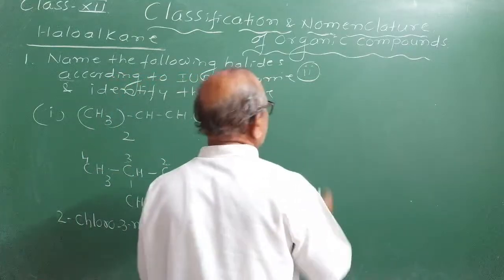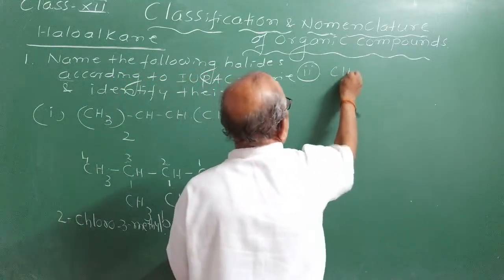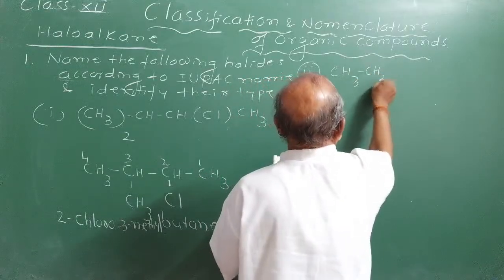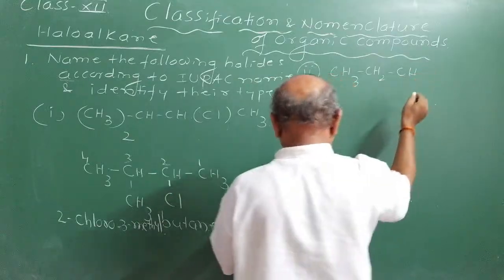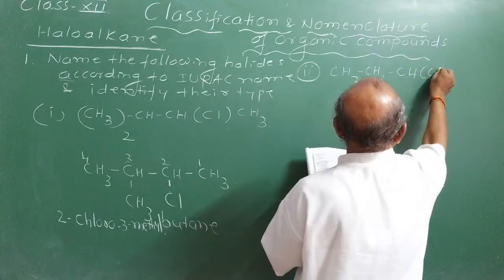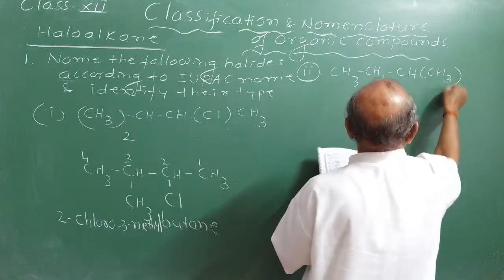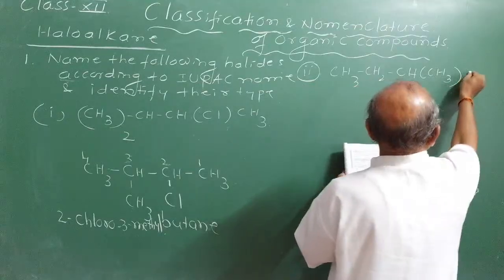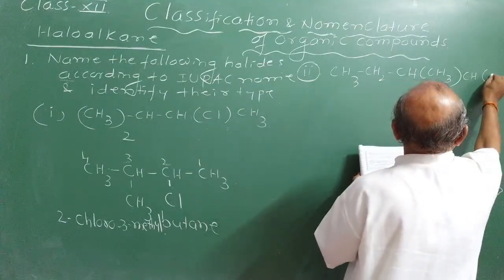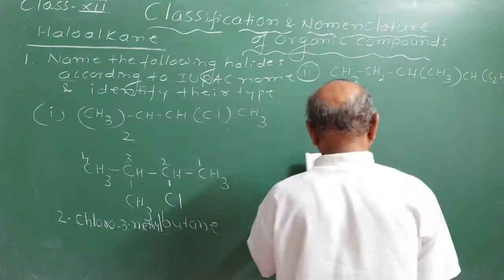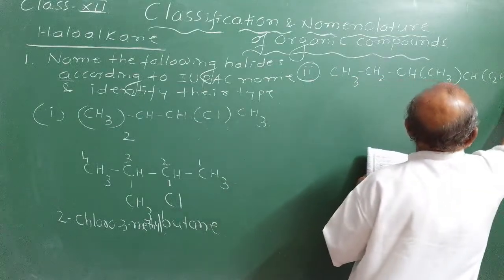Try to write this compound: CH3, CH2, CH. In the bracket they have written CH3. Sometimes they will give it like this in the textbooks. CH, and in the bracket you have C2H5, then they have written Cl.